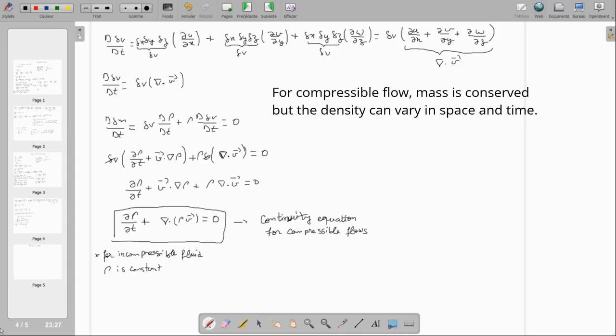The density is constant. That means d rho over dt equals 0.